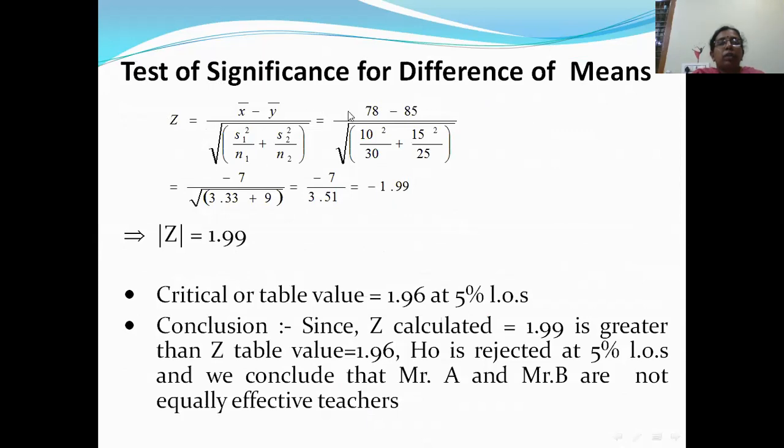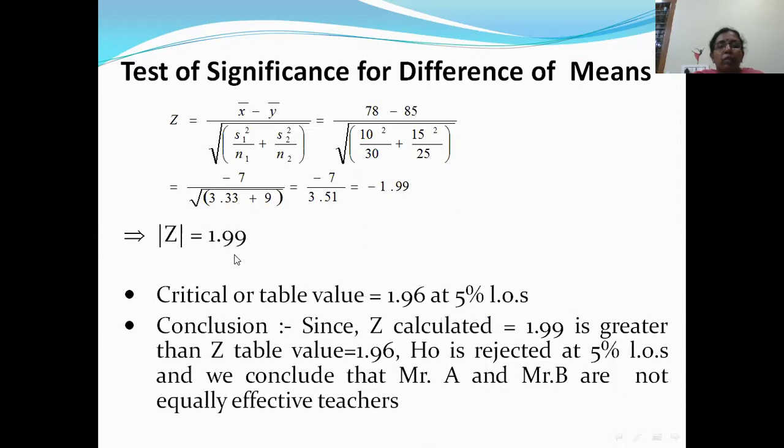Z equal to X bar is 78, Y bar is 85. This is 10 square by 30 plus 15 square by 25. So you got minus 7 by 3.51. This is equal to minus 1.99. So because we got negative value, we'll take modulus, because normal distribution is a symmetrical distribution. So mod Z is equal to 1.99.